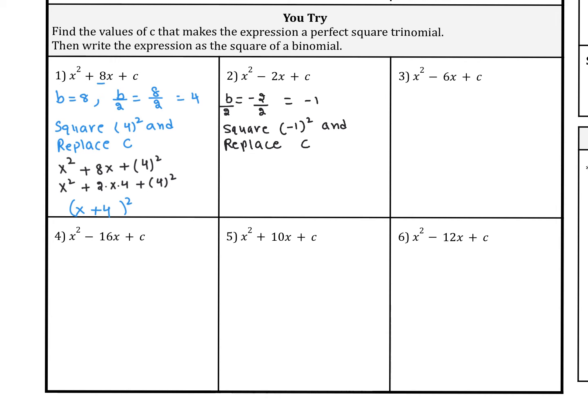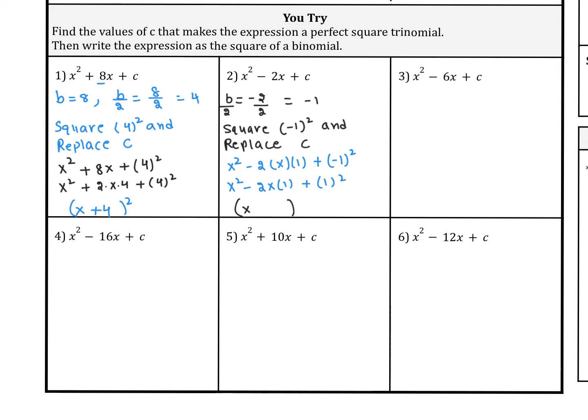So the new expression is x squared minus 2 times x times 1 plus c, which is negative 1 squared. Negative 1 squared is just 1, so you can rewrite this as 2 times x times 1 plus 1 squared, and then rewrite it into perfect square form.